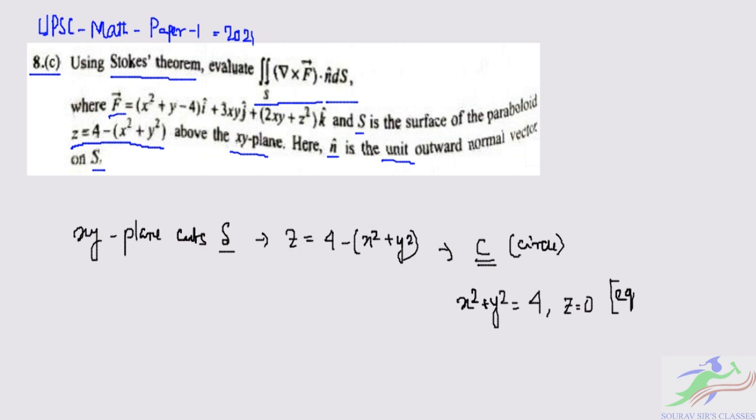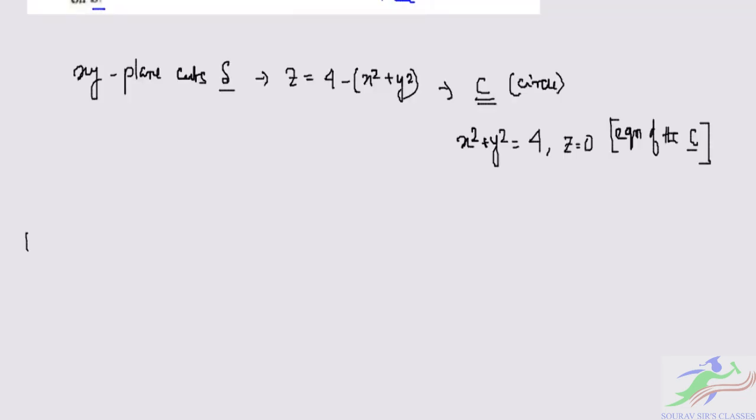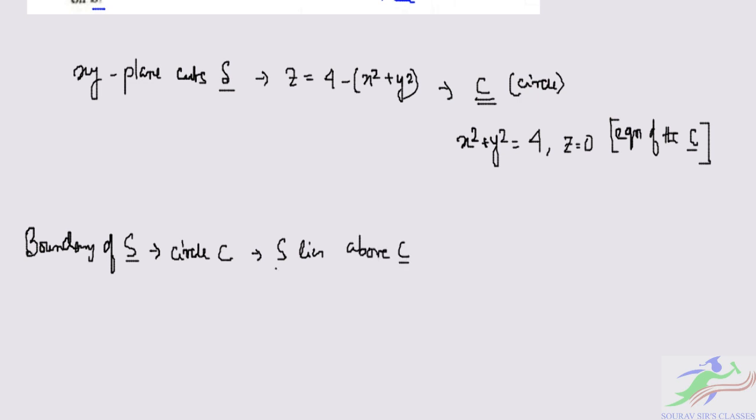That is the equation of the circle C. Thus the boundary of the surface S is the circle C, and the surface S lies above the circle C.